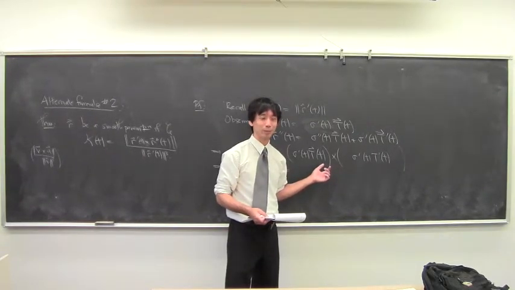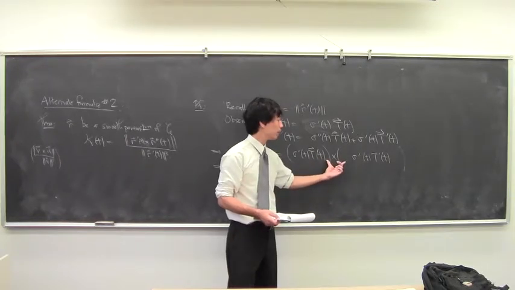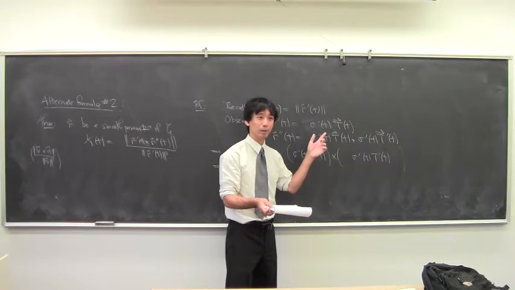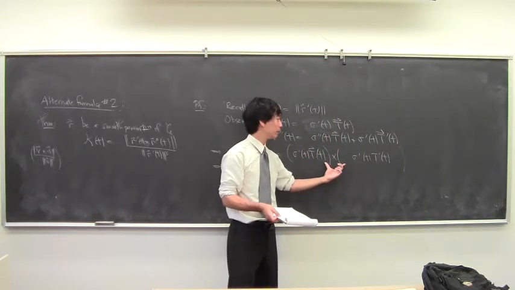Does anyone remember this? I'm barely remembering it. It's the area of the parallelogram specified by these two vectors.